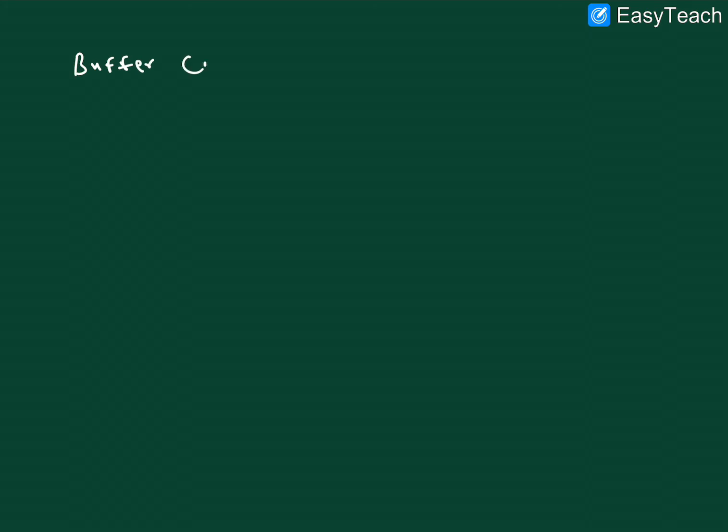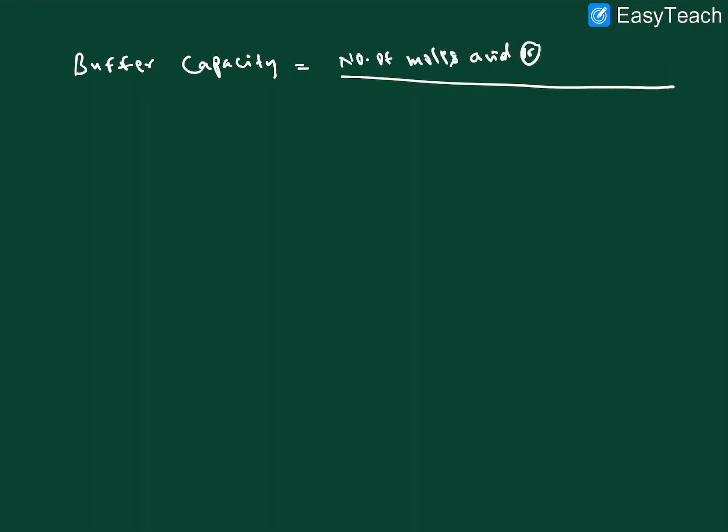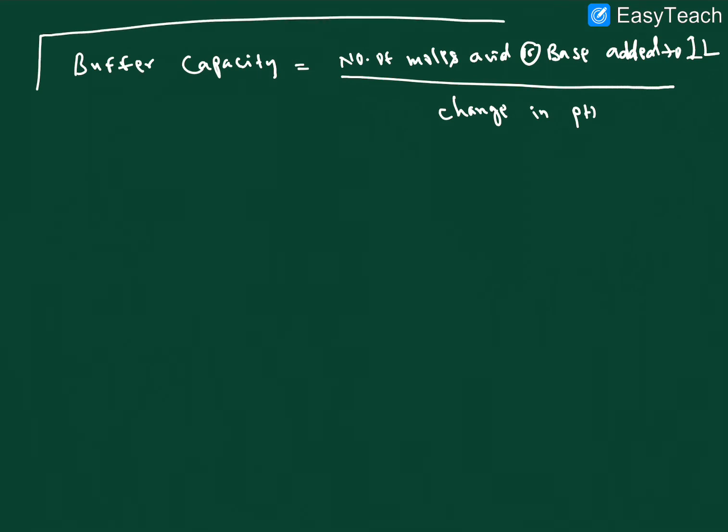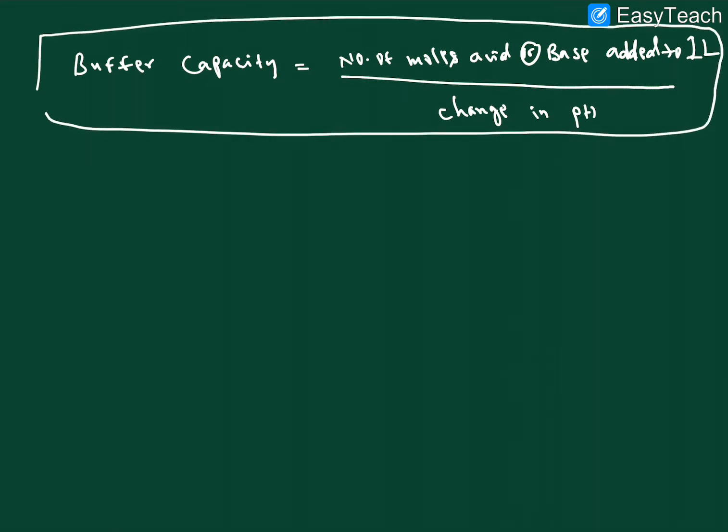How to calculate this buffer capacity? Let me explain here. Buffer capacity is equal to the number of moles of acid or base added to 1 liter of solution, per change in pH.